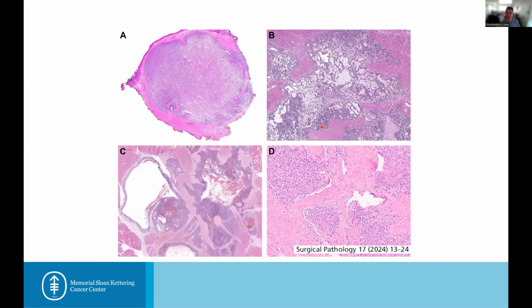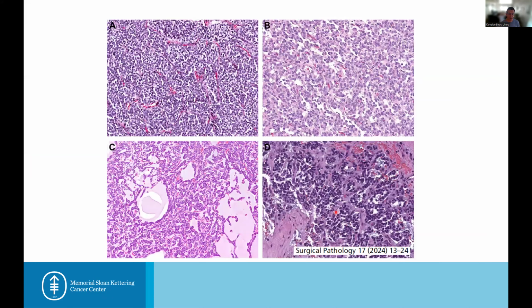And these are some characteristic appearances. It can show a nodular or multinodular growth pattern similar to the case I showed you before. They exhibit thick fibrous bands with background myxoid changes and peripheral infiltration into adjacent tissues. Occasionally, they can show prominent cystic changes, or they can have subendothelial protrusions into the vascular spaces mimicking lymphovascular invasion.